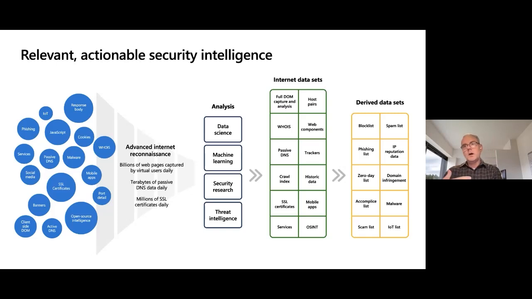We have some amazing researchers that really drive down into the depths of what we are seeing on the internet. One of our researchers, who unfortunately is no longer with us, Jonathan, was one of the folks that discovered MageCart and really helped make that public. So our security research goes way back in being able to make sense of, but also to further develop intelligence based off of all of this data that we are collecting.